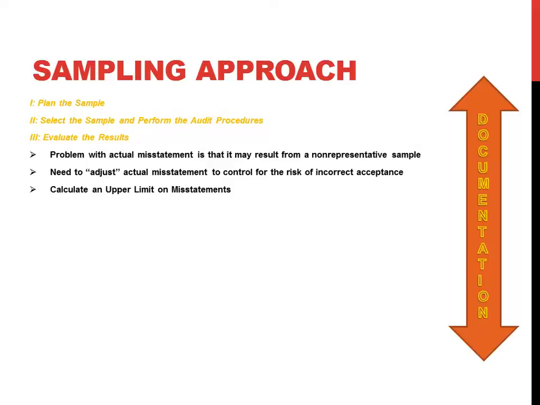And if the client makes the adjustment, then the books are no longer materially misstated, or the account is no longer materially misstated. However, if the client refuses to make the adjustment, then you can't possibly sign off on that audit, because the financial statements contain misstatements. If it's a publicly held company, you go to the audit committee, so you would go above management and bring it to the attention of the audit committee.